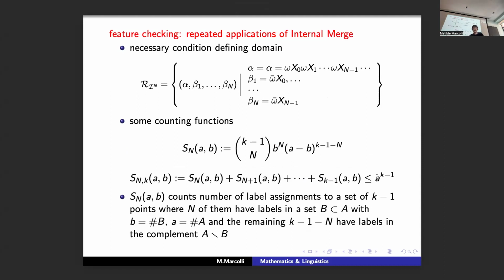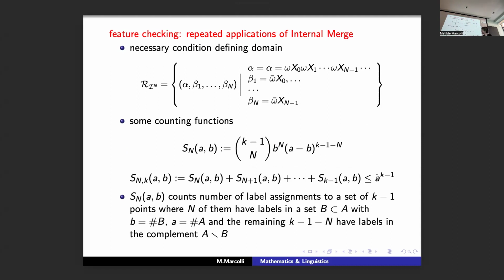And if you have repeated applications, so this is like for one application of this internal merge, and when you have a derivation that involves several such applications, then you can do the same thing. You can try to count. At this point your root is going to have a certain string of labels, and you need to match a certain number of them with labels elsewhere.